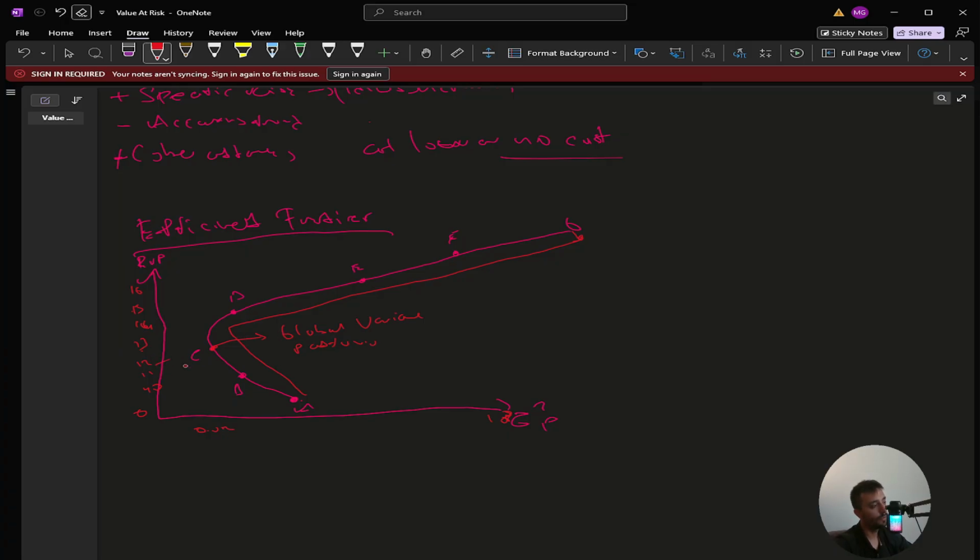Okay, we have 12 return and 2 risk. This is the global minimum variance portfolio here.